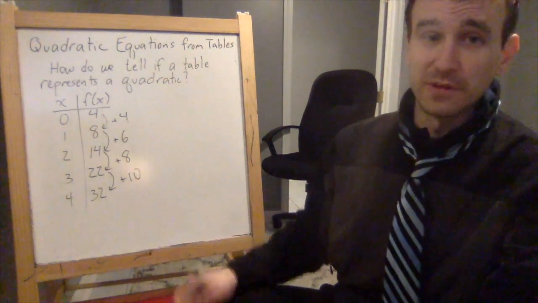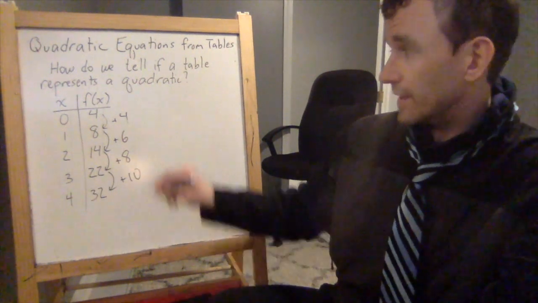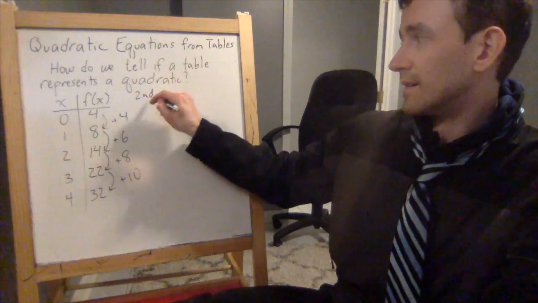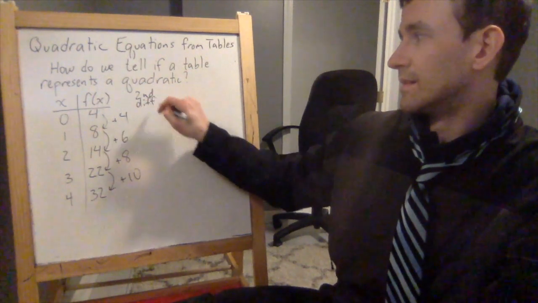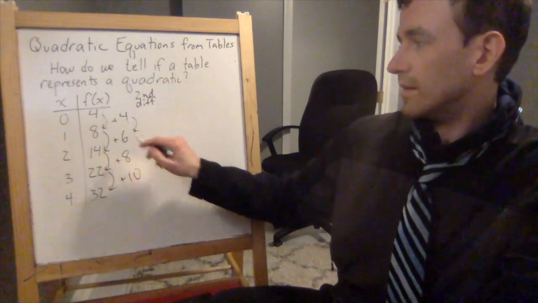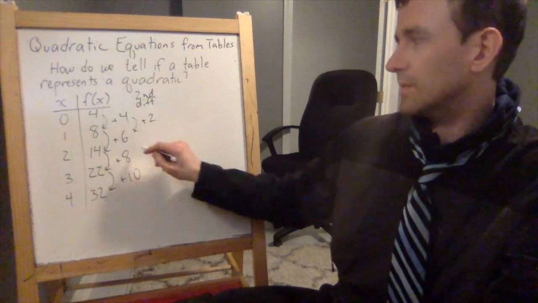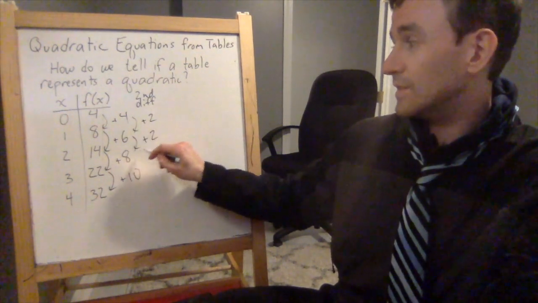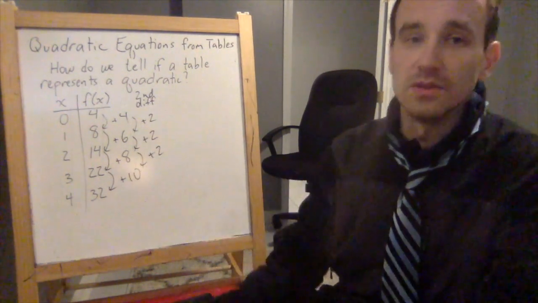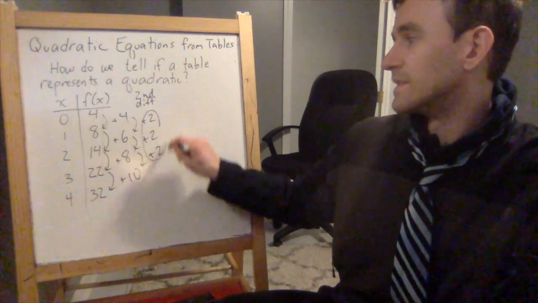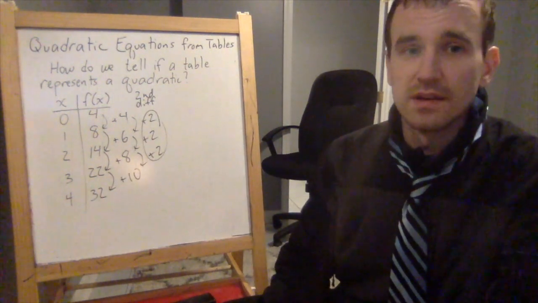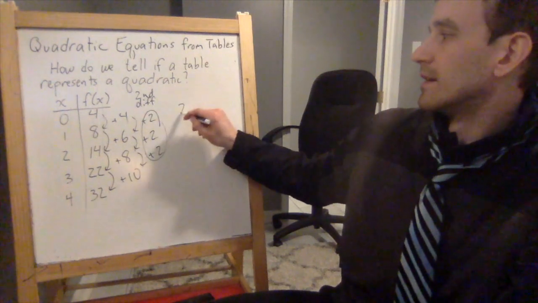If we take the differences of the differences, also known as the second differences, 6 minus 4 gets us 2. 8 minus 6 gets us 2. 10 minus 8 gets us 2. And if the second differences are all the same, then the function is a quadratic.